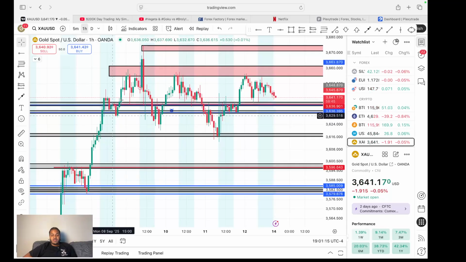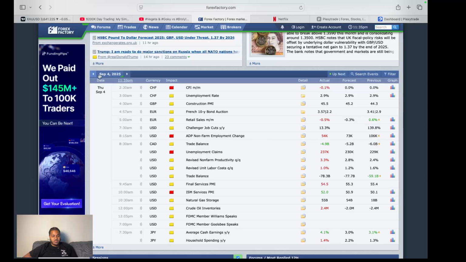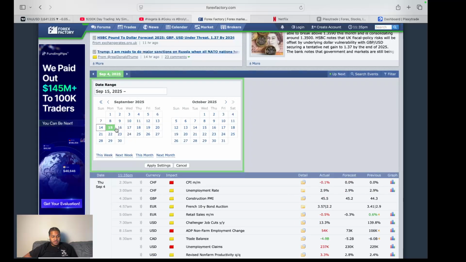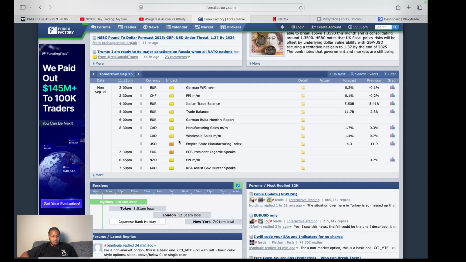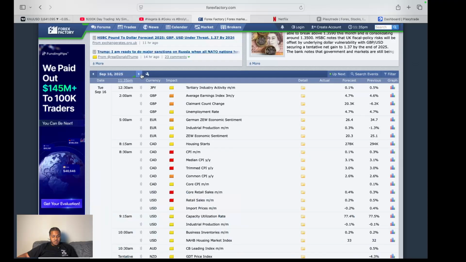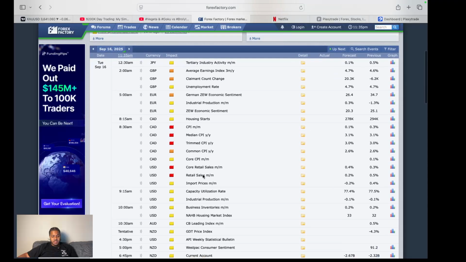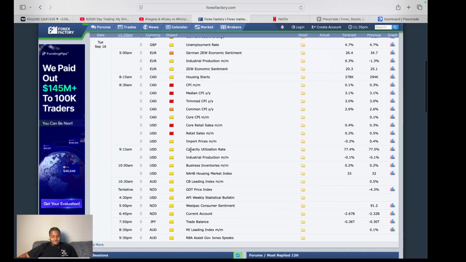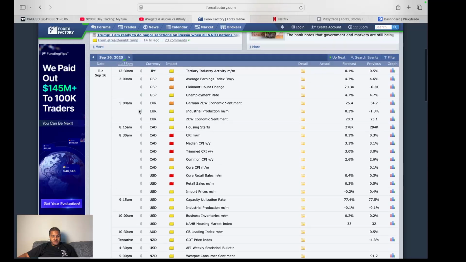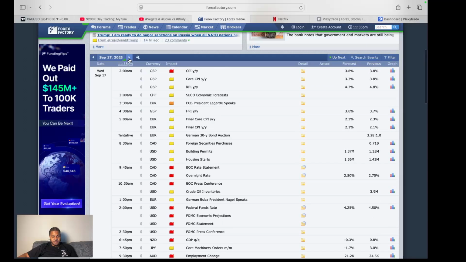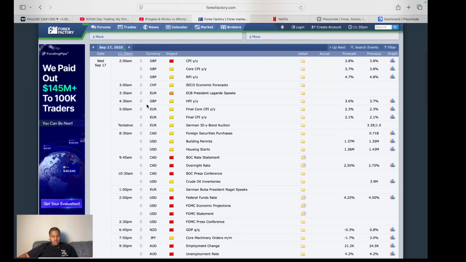Oh, I almost forgot to go over the news. Let's see what we got going on news-wise. Tomorrow's the 15th. No news on Monday, so that's going to be a choppy day. Then we got news on Tuesday, core retail sales, nothing really to be worried about. Then we have the federal funds rate.